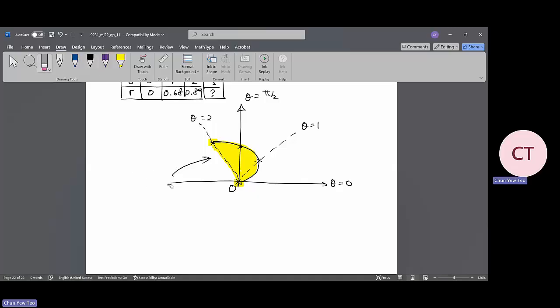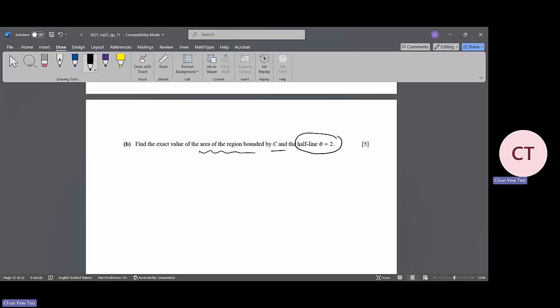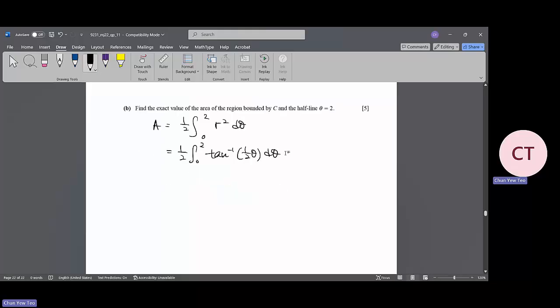Okay, so now what is the formula for finding the area? The formula for finding the area is half integrate from 0 to 2 r square d theta, just like that. So what is your r square? Your r square is arctangent of half theta. So we are having an integration that is involving inverse trigonometry function. So we know that we need to use integration by parts to solve it.